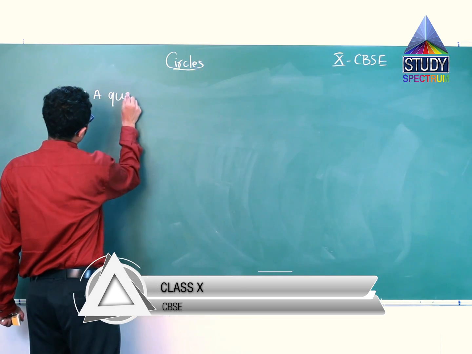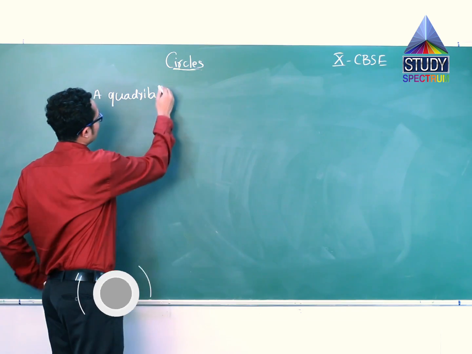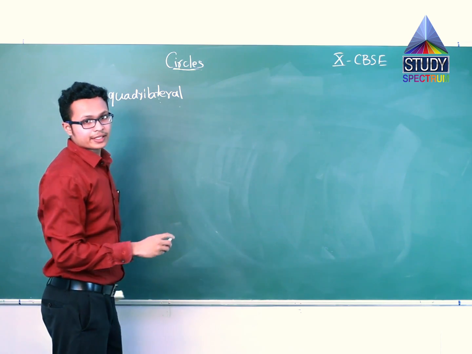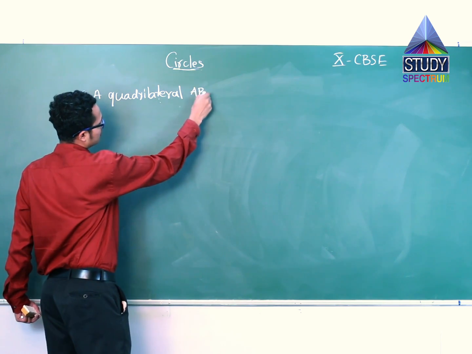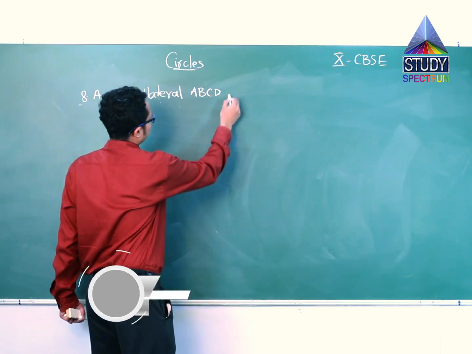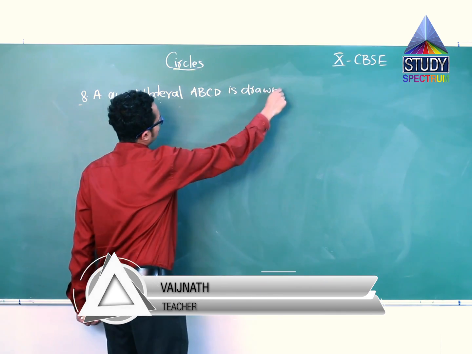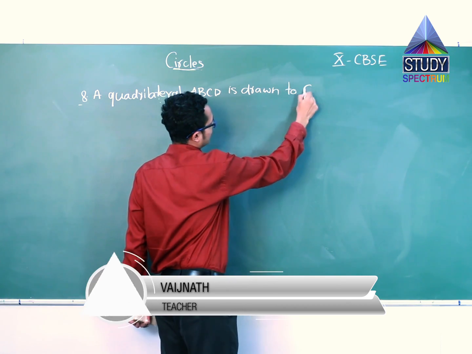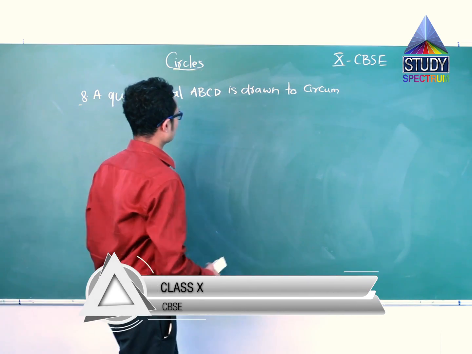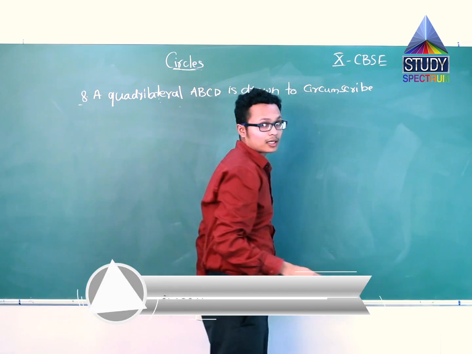A quadrilateral ABCD is drawn to circumscribe a circle.